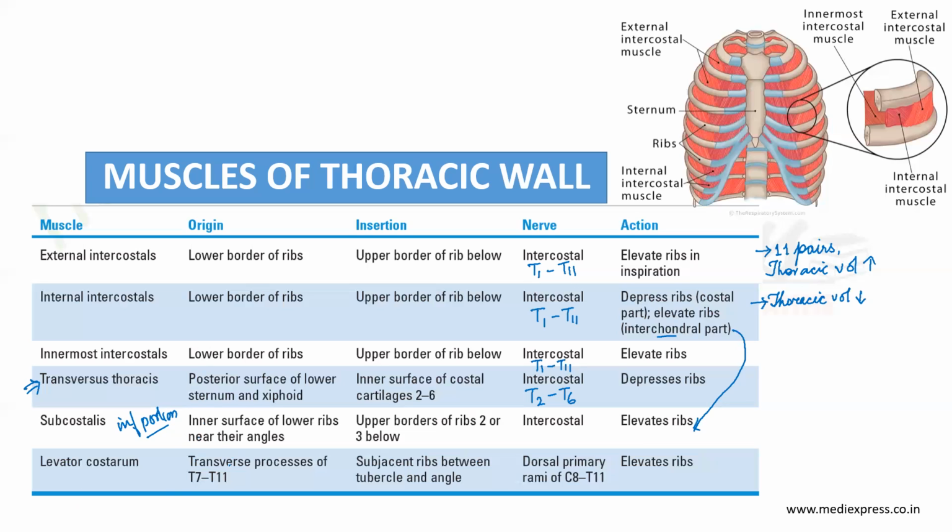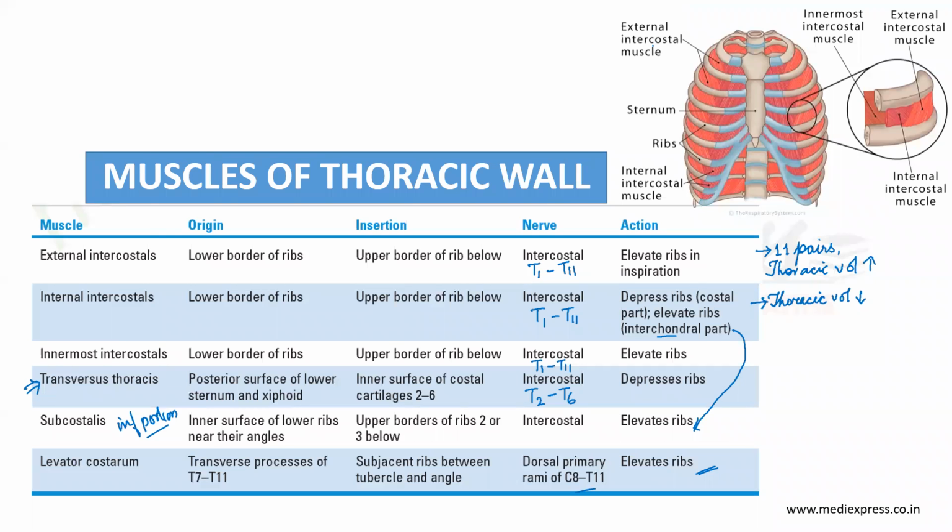The origin is from the transverse process of T7 to T11, and insertion is subadjacent ribs between the tubercle and angle. Here we have a different nerve innervation, and that is dorsal primary rami of C8 to T11. And it has the same action, elevation of the rib. That is the action of levator costarum.